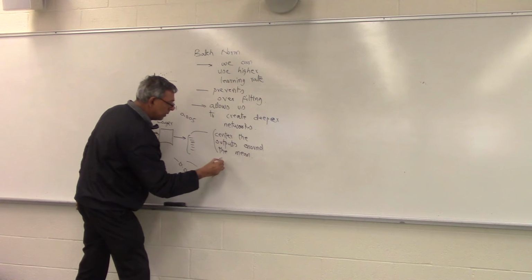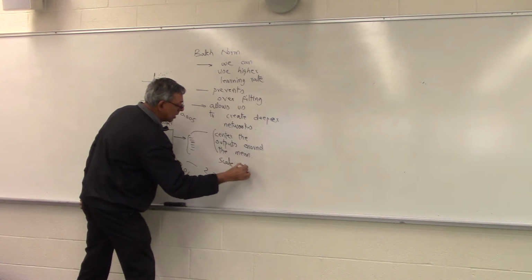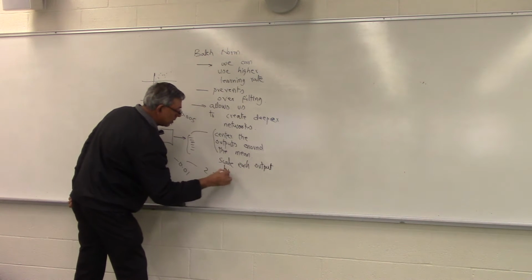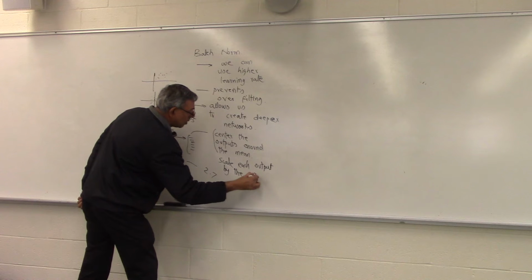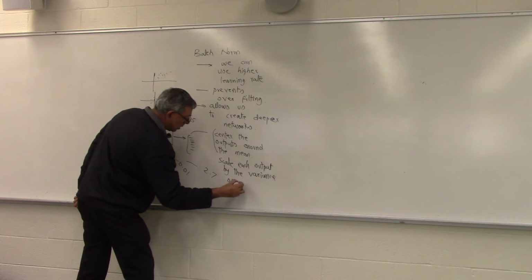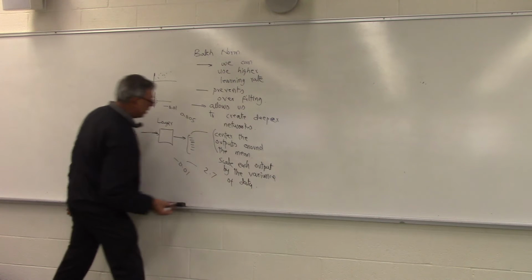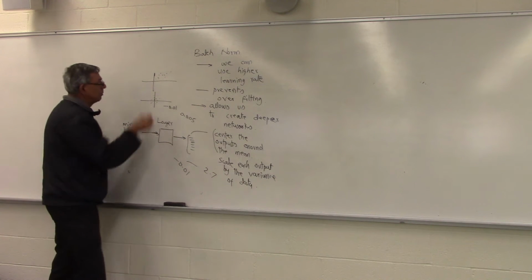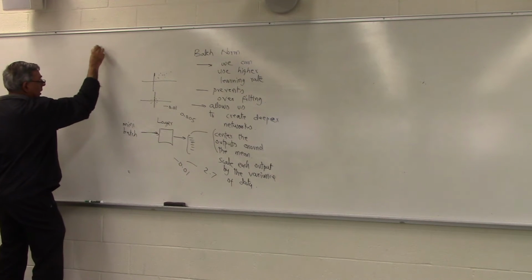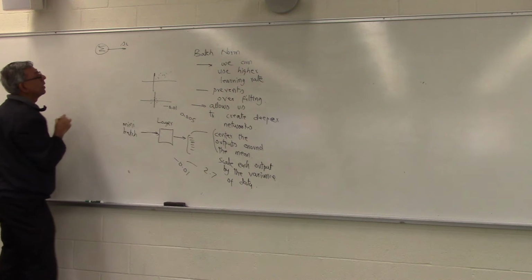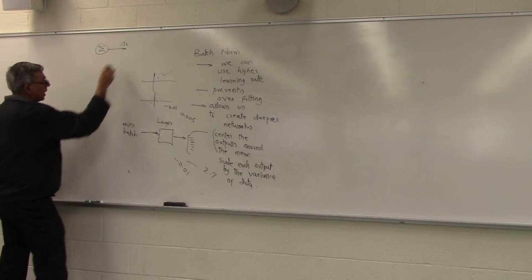Then the second thing we do is scale each output by the variance of the data. Okay, so basically, essentially this is what we are doing. This is the output S_i, right?